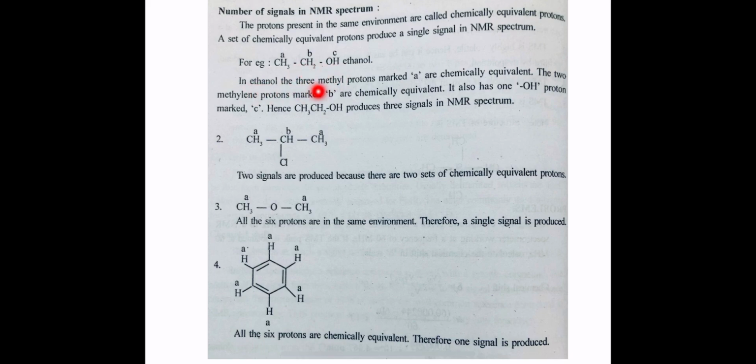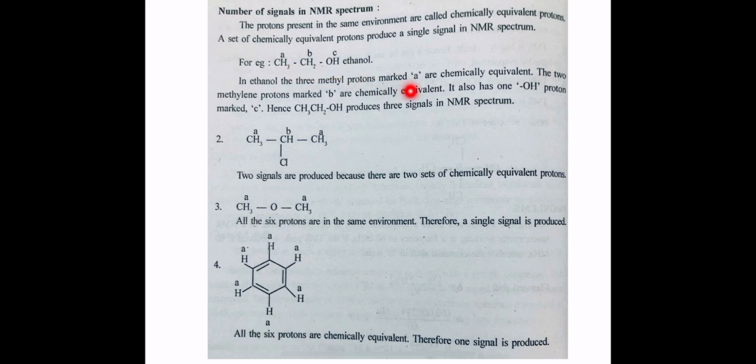The three methyl protons, that is CH3, are marked as A. The two methylene protons, that is CH2, present in this methylene group are marked as B. In the same way, the proton present in this hydroxy group, OH, is marked as C. Therefore, we have three different sets of protons in ethanol which have different chemical environments.